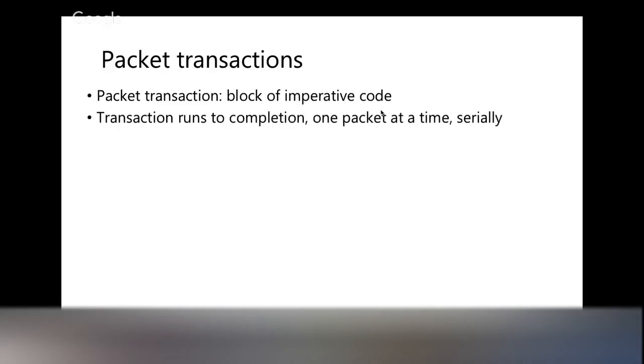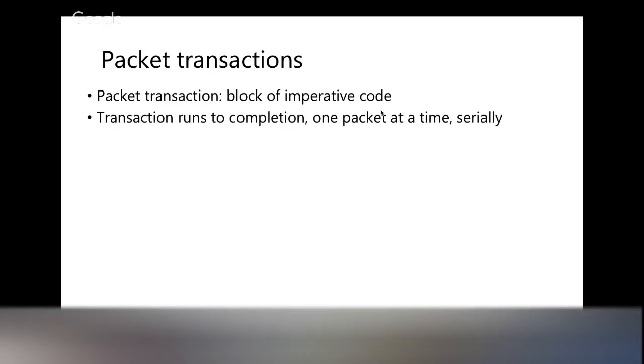Our abstraction for that is something we call a packet transaction, which is a block of imperative code that captures an algorithm's logic. And we use the term transaction here to refer to the fact that this block is atomic and isolated from other instances of this block. Formally, the semantics of a transaction are very straightforward.